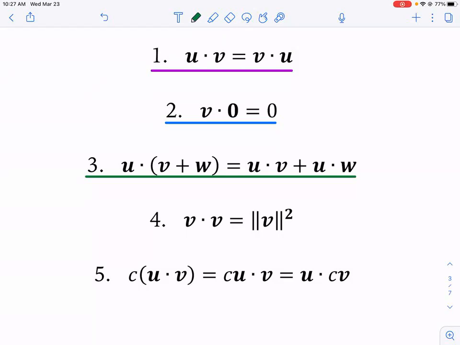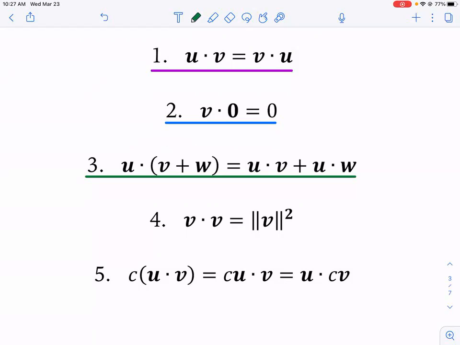If we have U dotted with the sum of 2 vectors, we could distribute it through, and it's the same as U dot V plus U dot W. This is pretty much common sense that we're just putting down on paper.